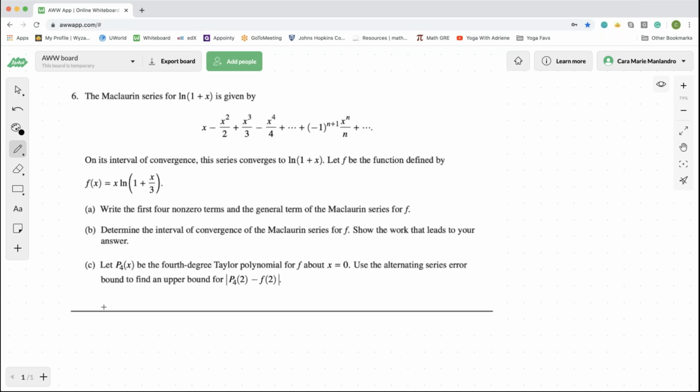When we got the negative 1 to the n plus 1, x to the n plus 1 over n times 3 to the n, this was used for the entire problem. Both of those were based on this, not this. Does that make sense?